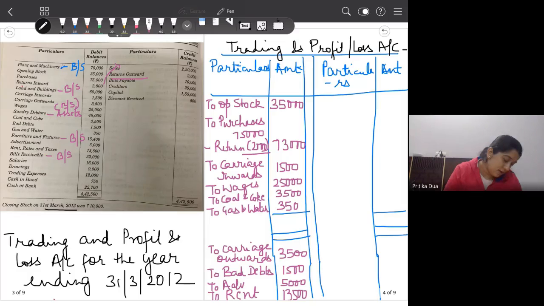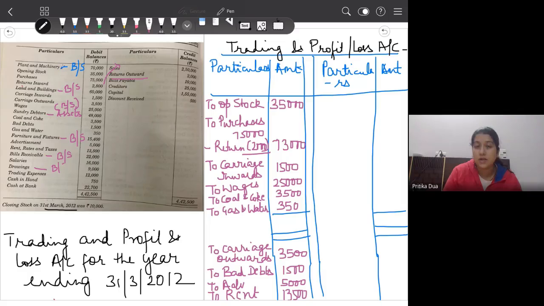Hence, this will also be adjusted in the balance sheet. Okay, so for the time being, we'll ignore the balance sheet items. We are focusing on direct and indirect expenses, but drawings are deducted from the amount of capital.